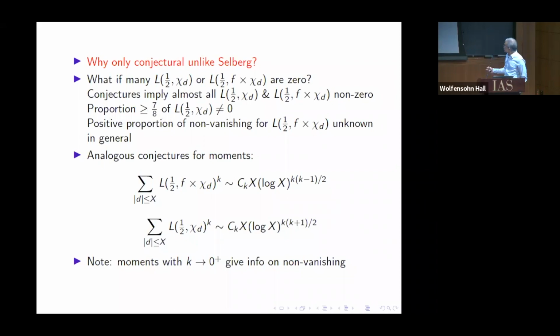These are conjectures that you could make for all real values of k. And if I formally let k go to 0, that will pick out whether this value is 0 or non-zero. It'll be 1 if you're non-zero and 0 if you're 0. So understanding these moments as k goes to 0 is also the same problem as understanding the non-vanishing in these families.